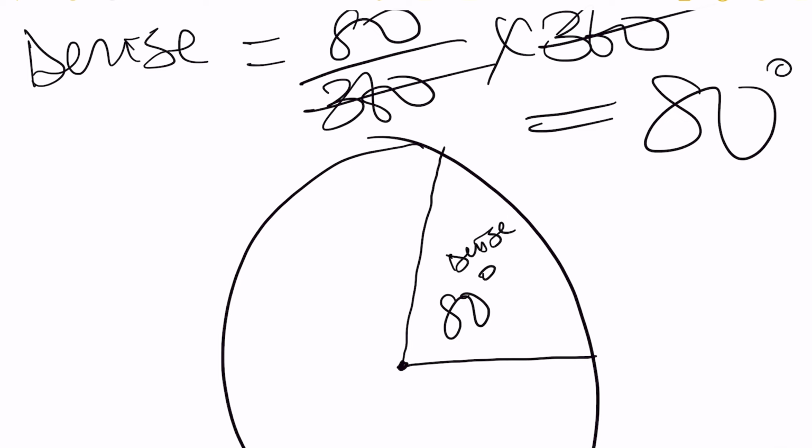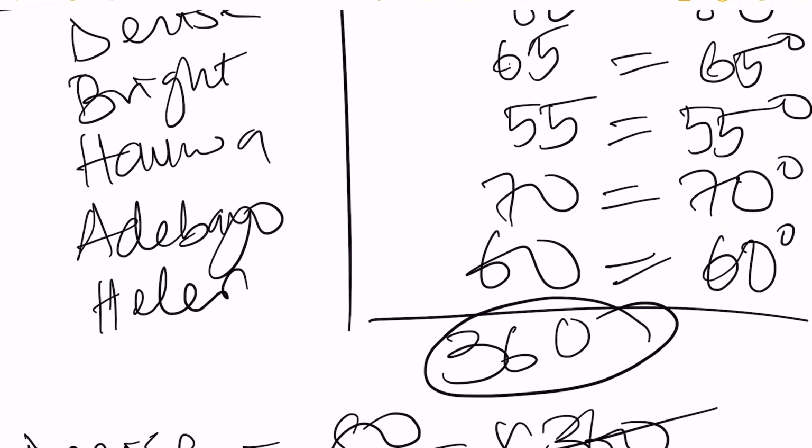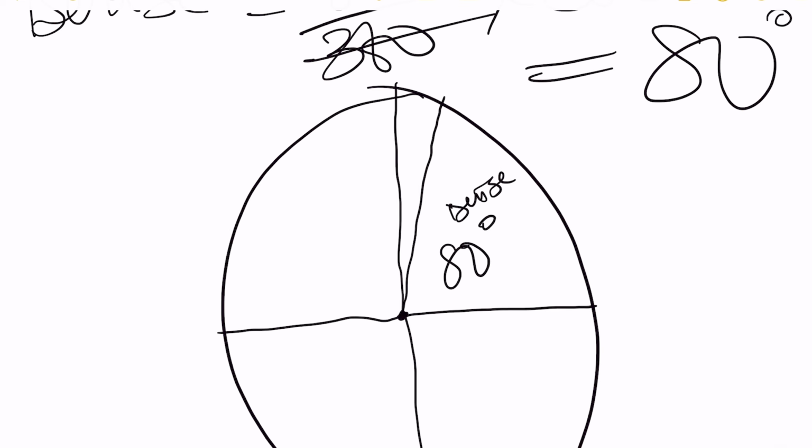Next, we have 65 for Bright. 65, this is 10, so adding an extra 55. So this will be 65. So we'll clean this one.